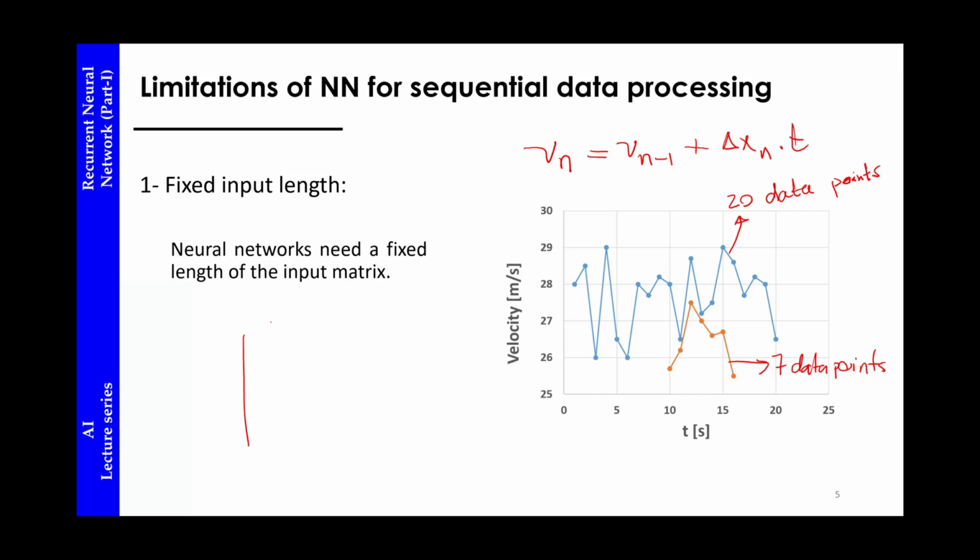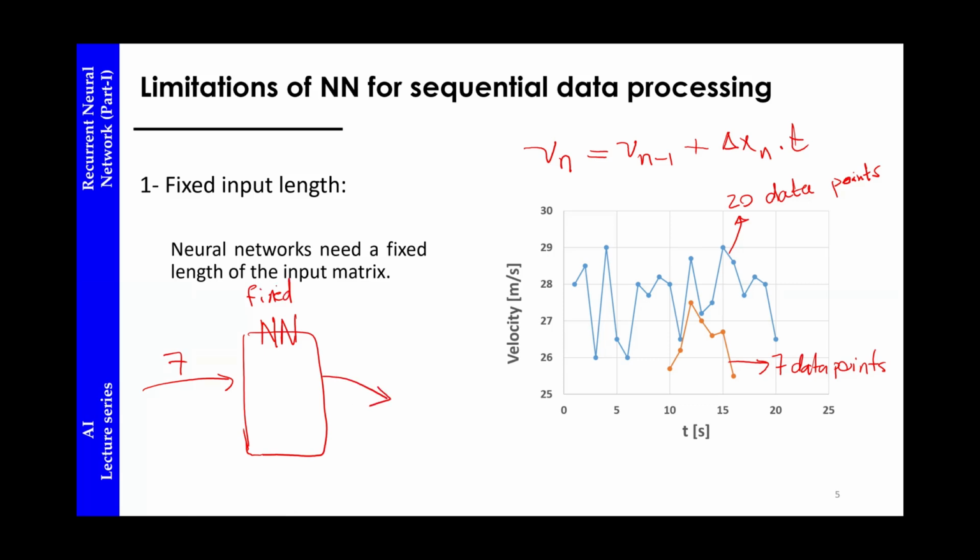I assume that we have a fixed architecture of a neural network here, and 7 inputs are introduced to the fixed architecture of the neural network, and we will get an output of it.